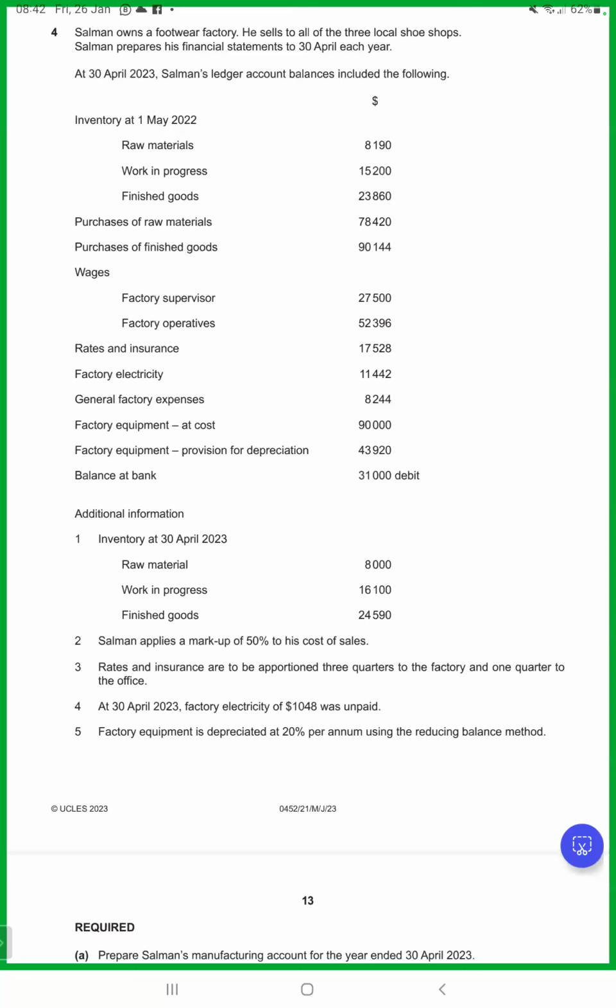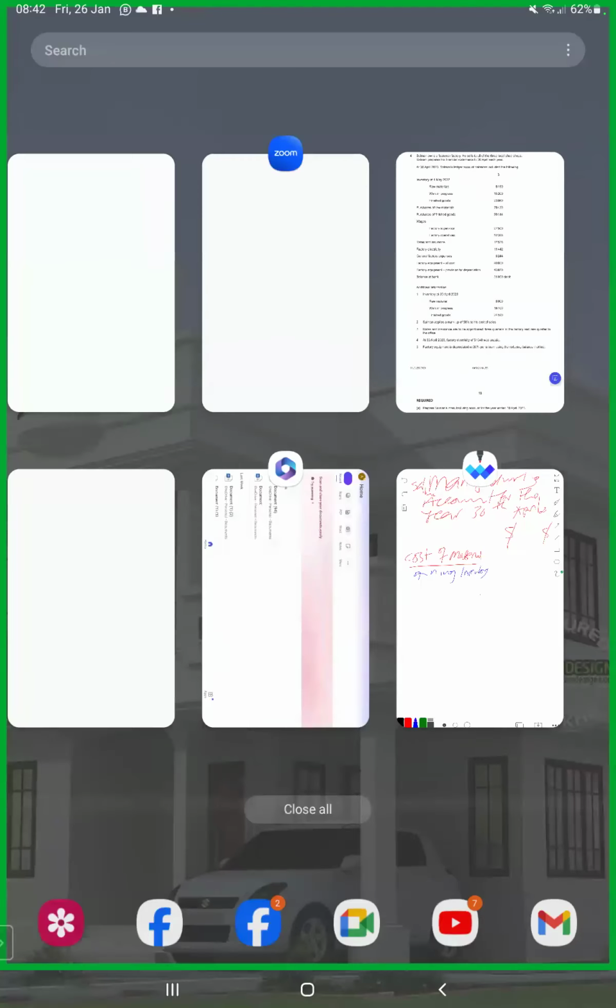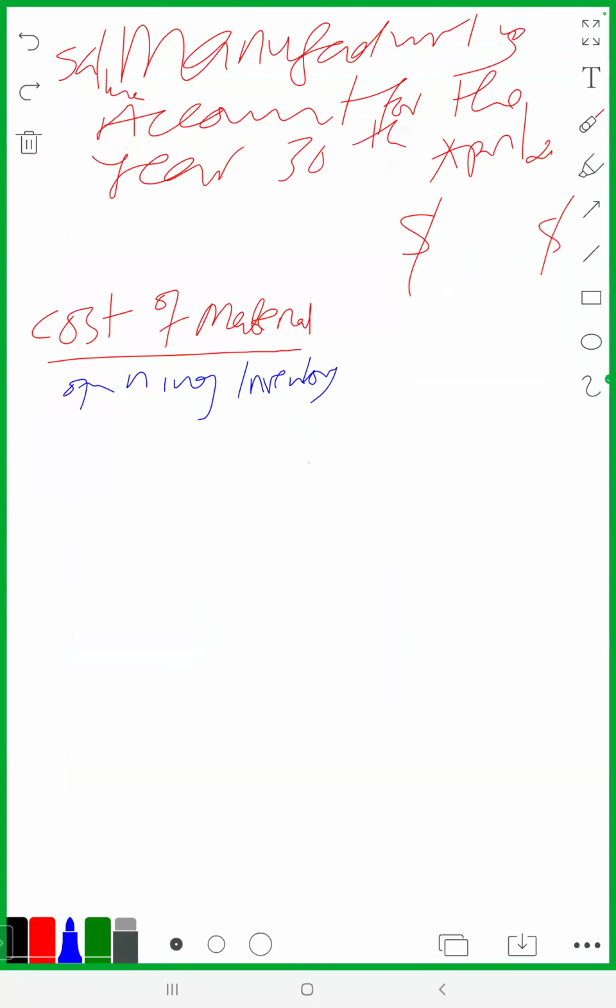Isn't it $8,190? Right, so $8,190. So that's the opening stock. Okay, this is the opening cost of raw materials, 8,190.